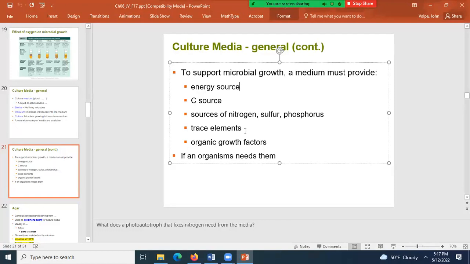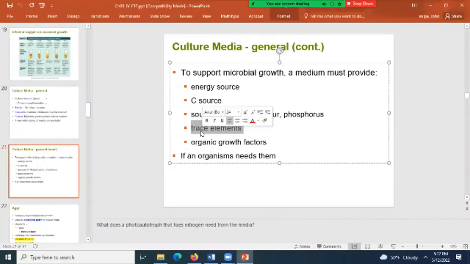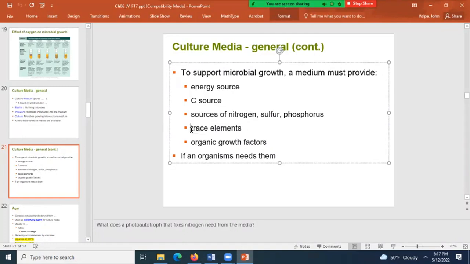The media must contain trace elements, and oftentimes the trace elements just come from the water you use to make the media. But the trace elements can also come from the beef extract, meaning they dry the beef, grind it up, and make a powder out of it, and that can supply the trace elements.